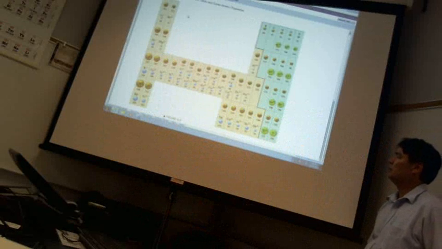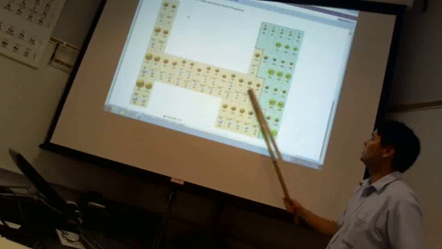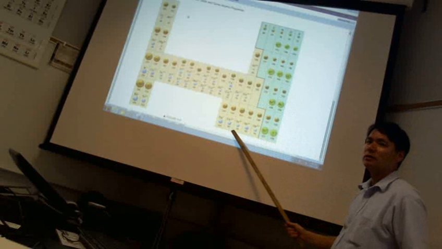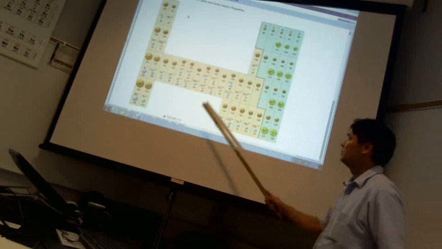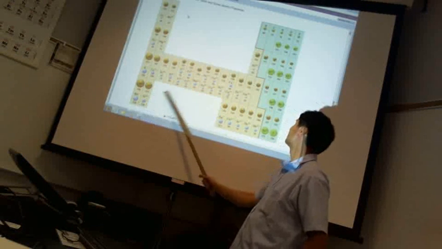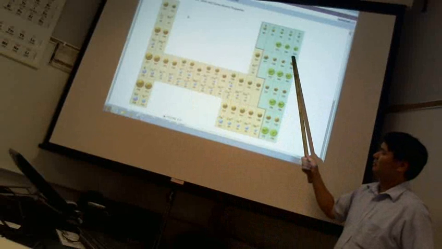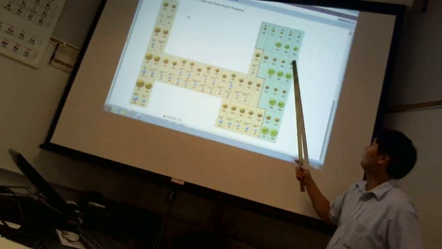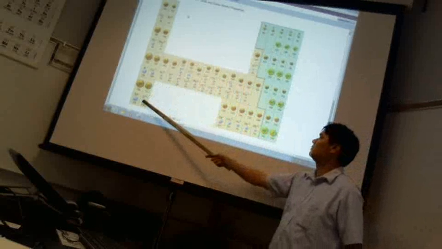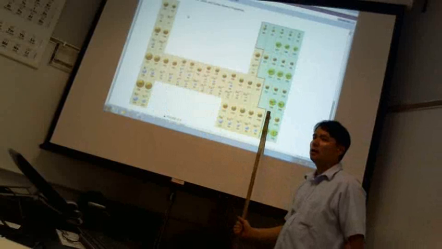The next observation is this. If you look, all the green ones look bigger than the blue ones. And so let's pick the biggest blue one, rubidium plus, 149. Let's pick the smallest green, fluoride, 133. And you see, with just a few exceptions, cations are smaller than anions.